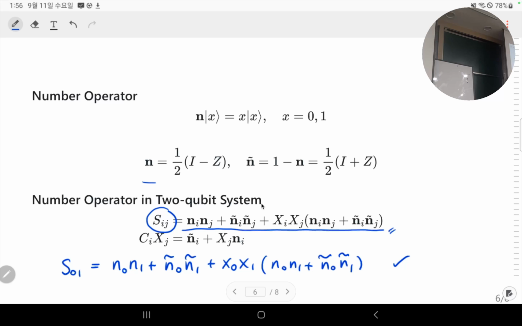Want to see an example? If I could see, it would be great. Okay, so after we talk about the swap gate representation, we'll talk about the example.